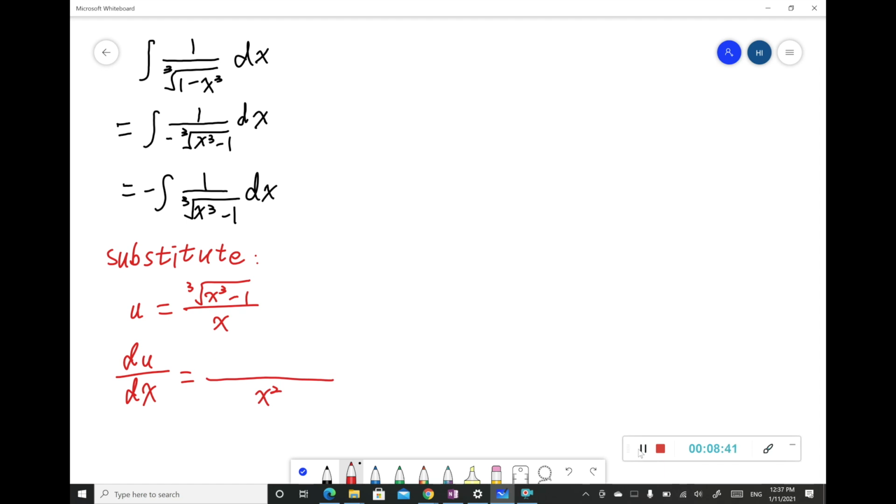So the first item, the differentiation of the first item, the radix of x cubic minus 1 prime, times x, minus the differentiation of the second term. So we keep the first item and times x prime.